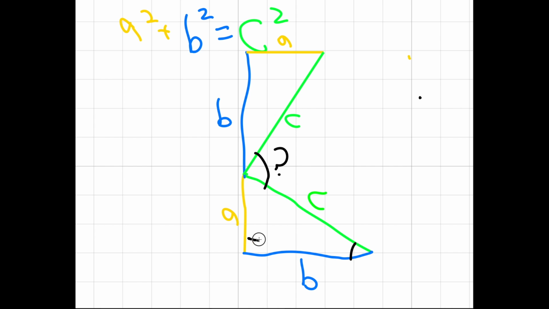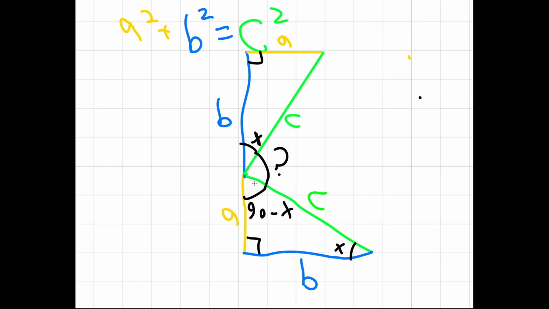Oh yeah, this is a 90. That is a 90. So this angle, let's just call x. Then this angle, since the angles in a triangle add up to 180 degrees, this must be 90 minus x, and this must also be x.